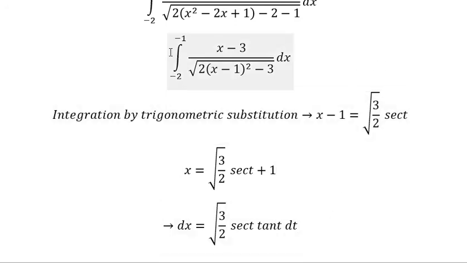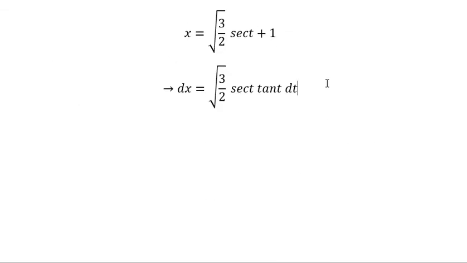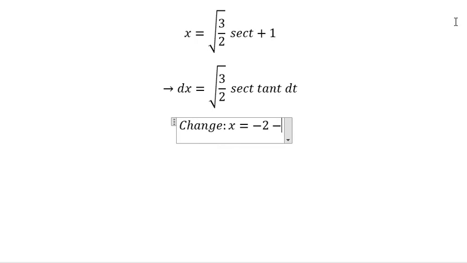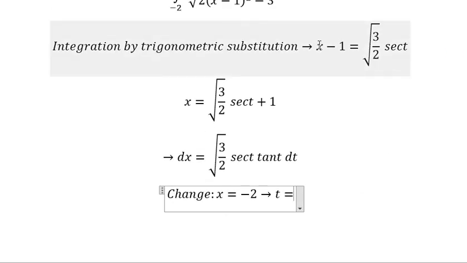Now we need to change the limits negative 2 and negative 1. If x is negative 2, we can find t, so we put negative 2 in here, so you go about negative 3.